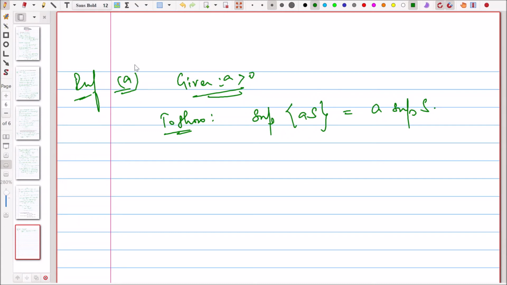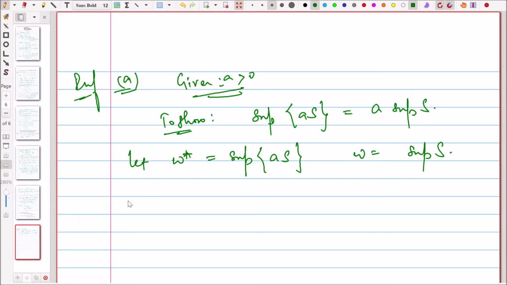This one is very easy to prove. First we will assume that w star is equal to the supremum of AS and w is equal to the supremum of S. So we have to show that basically w star is equal to A times w.